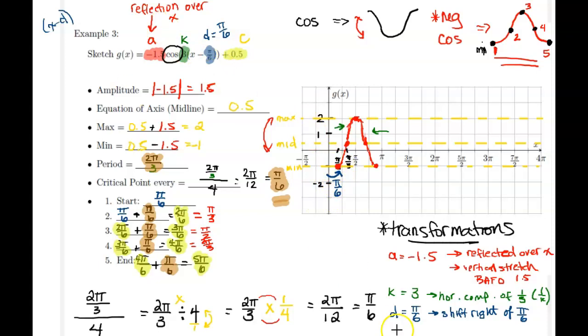And finally, c of 0.5 is a shift up of 0.5, right? Because my original midline should be at 0, but my midline was shifted up by 0.5. So all of our transformations, if we were to try and describe all of these things, still stand and make sense for our sketched out graph.